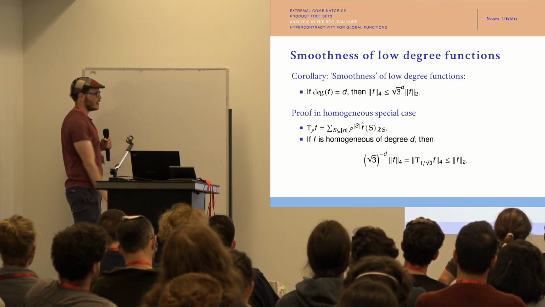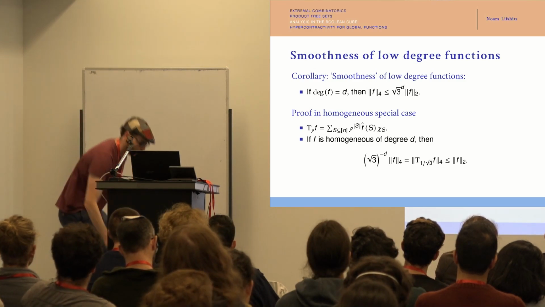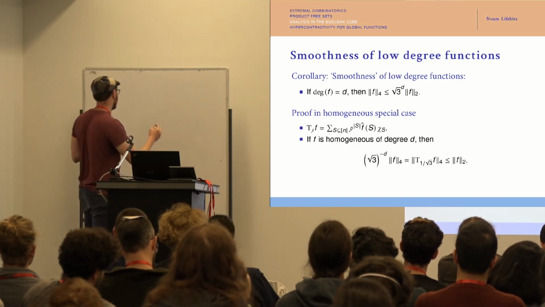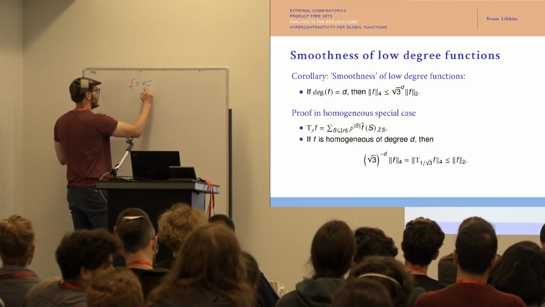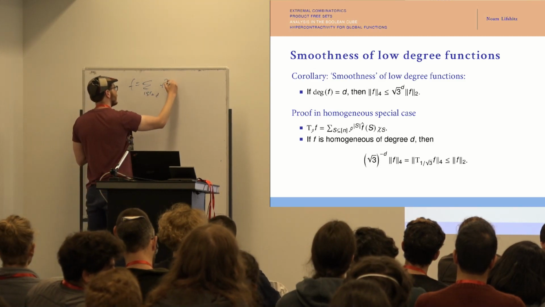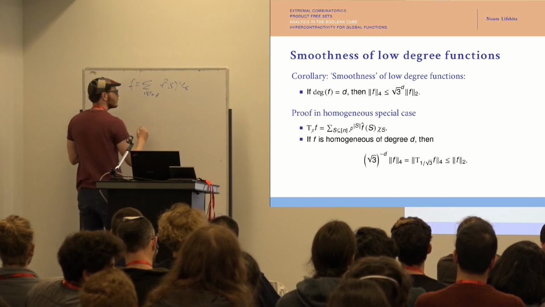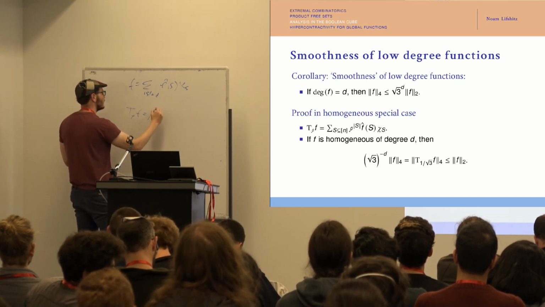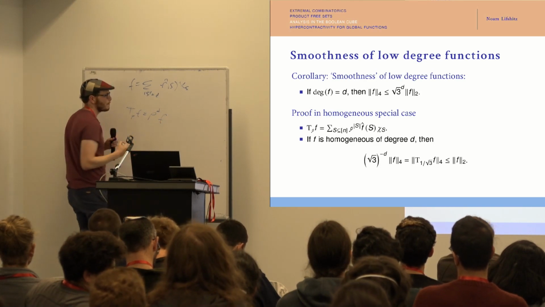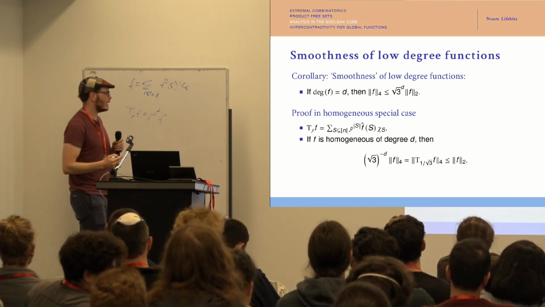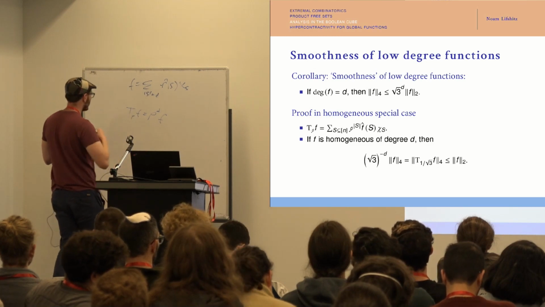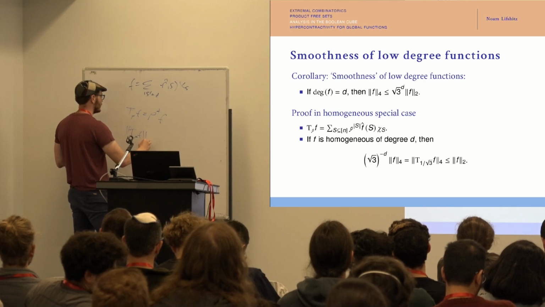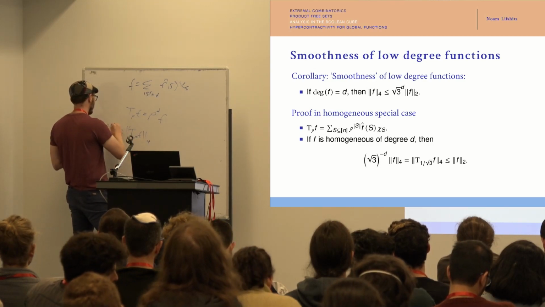In the case where f is a homogeneous polynomial, so let's say that f is the sum over s of size d of f hat at s chi s. Then we get that T rho f is rho to the d times f. And then when we apply hypercontractivity, we get that the 4 norm of T rho f is at most the 2 norm of f.